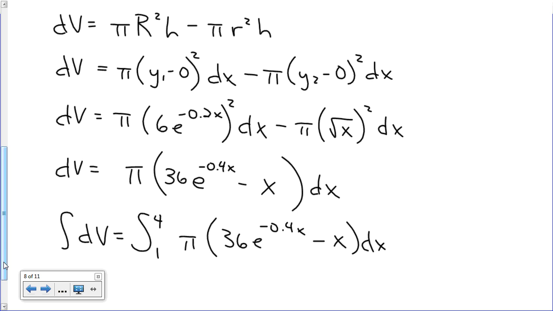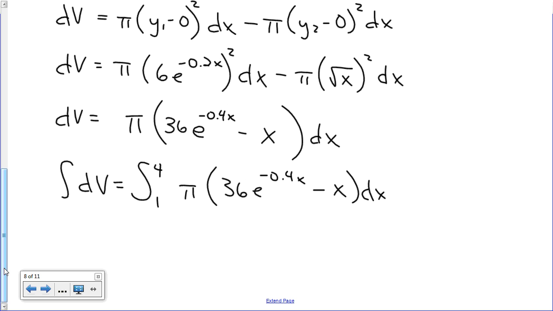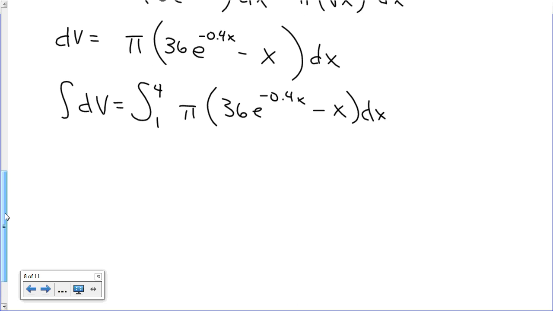All right. And you can see that this one now starts to get a little bit more complicated in terms of the antiderivative that we'd be working with. This is the reason why I want you to use numerical integration. It's tough enough to get to this point. There's no reason to make this any more difficult by trying to evaluate that definite integral using the fundamental theorem of calculus.